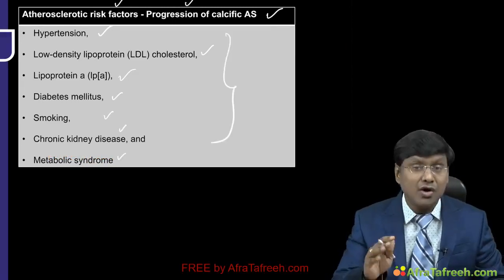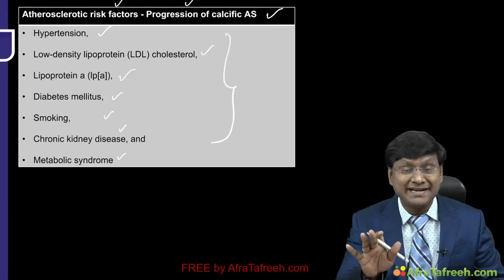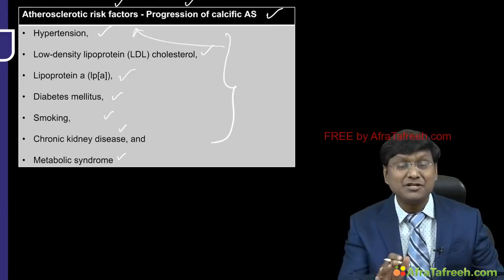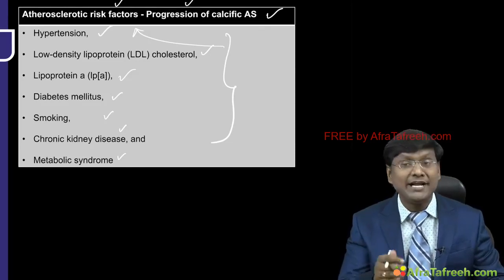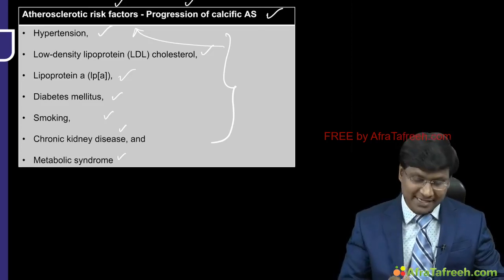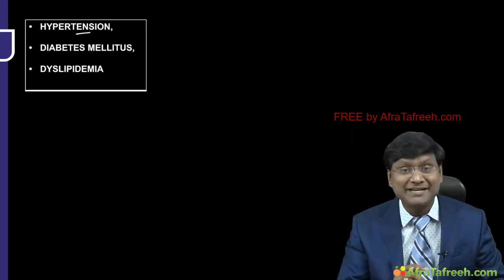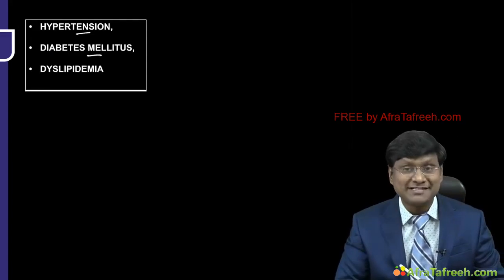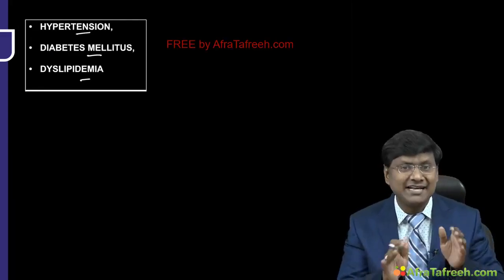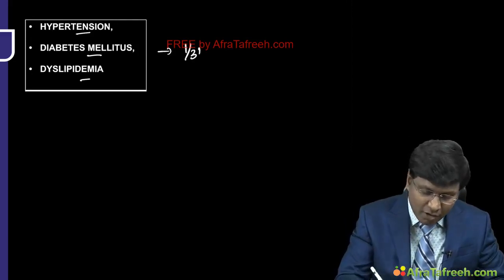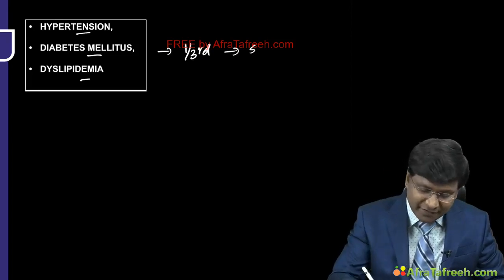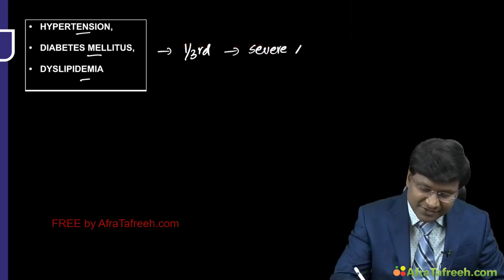Among all these, hypertension, diabetes mellitus and dyslipidemia, these three themselves account for almost 1/3 of the population attributable to severe aortic stenosis.